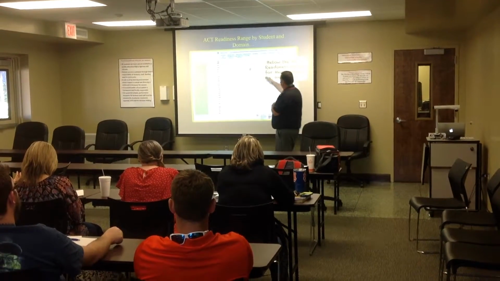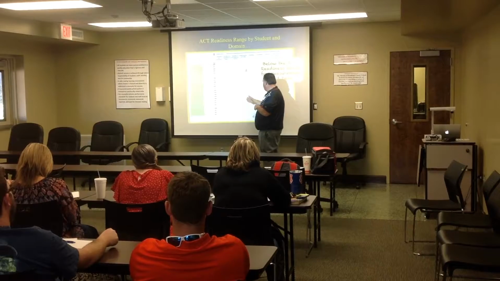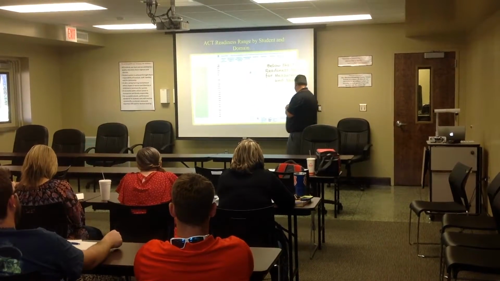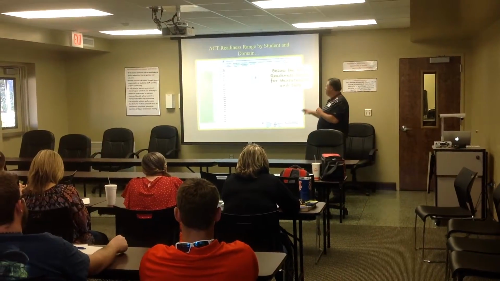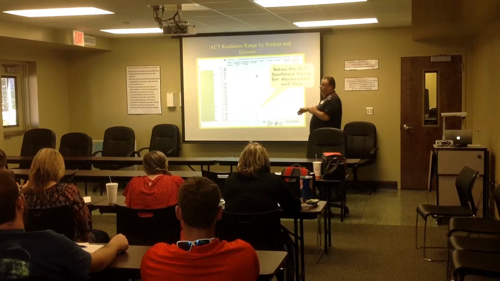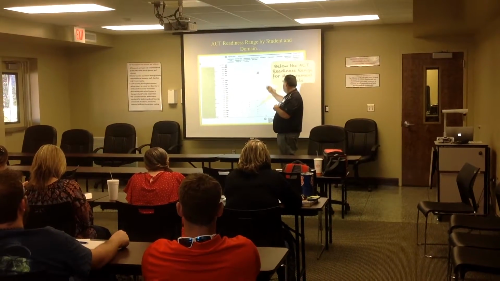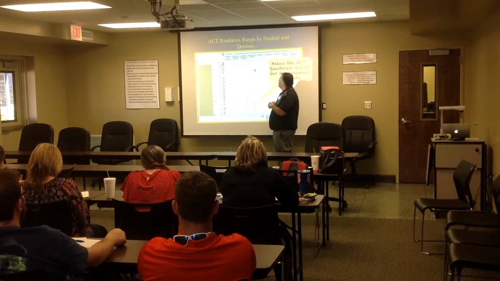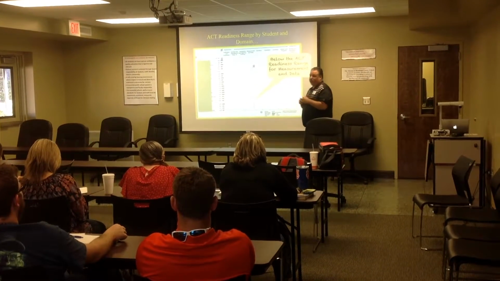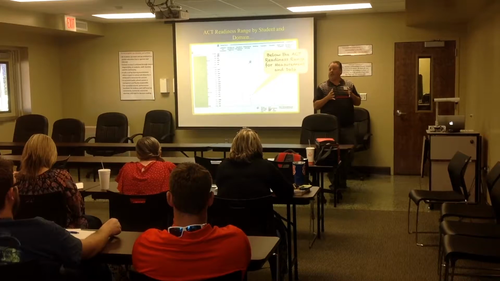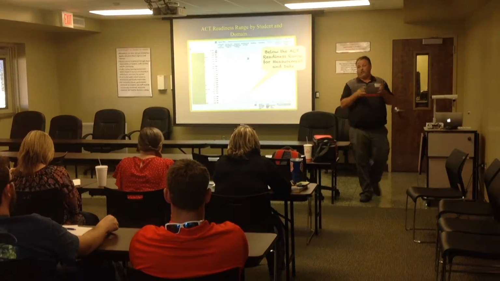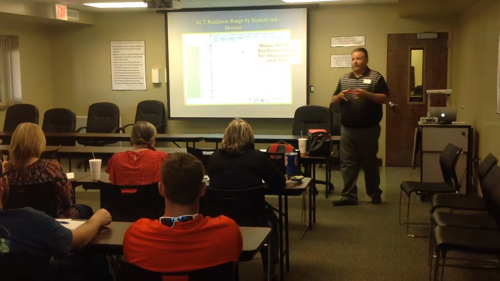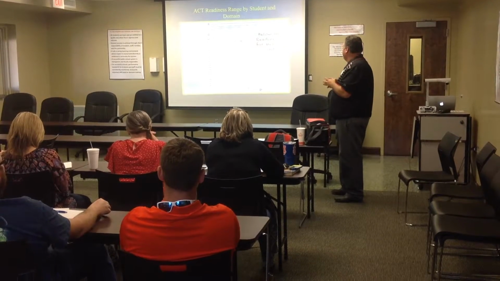If I look vertically, wherever I have the most boxes, what the boxes represent is below the ACT readiness range. Okay? So if I look vertically, everywhere I have a box, where I have the most boxes, that represents a domain that maybe I want to focus on because I've got a lot of kids in that domain that didn't master that skill. Okay? They're not ready according to the score.